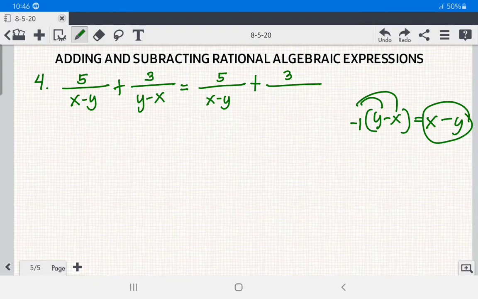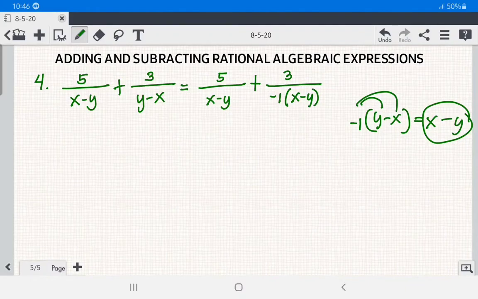So what you are going to do is write here negative 1 times y minus x, or that is, let us rearrange, we have x minus y. Okay?